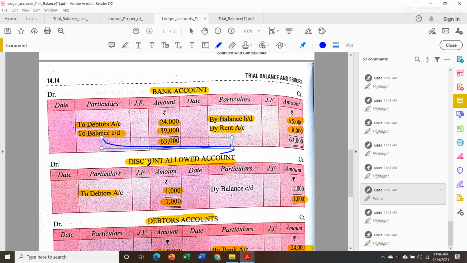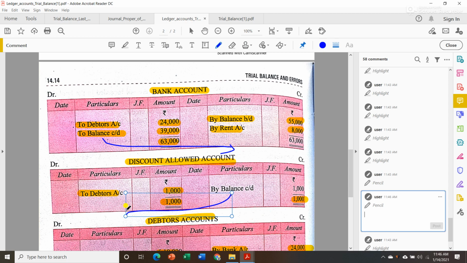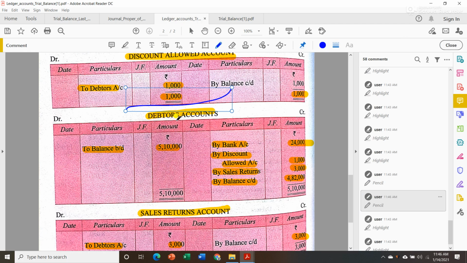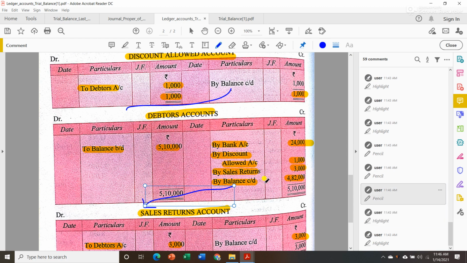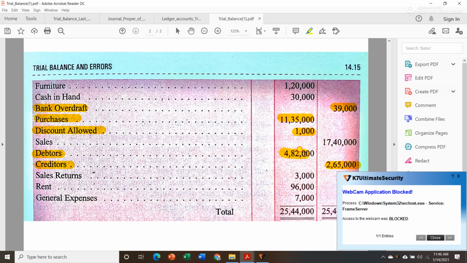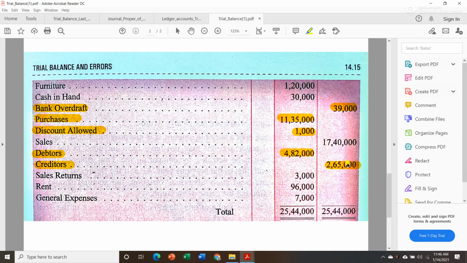The next ledger account we have is the discount allowed account, showing a debit balance of 1,000. The next ledger account is the debtors account, showing a debit balance of 4,82,000.